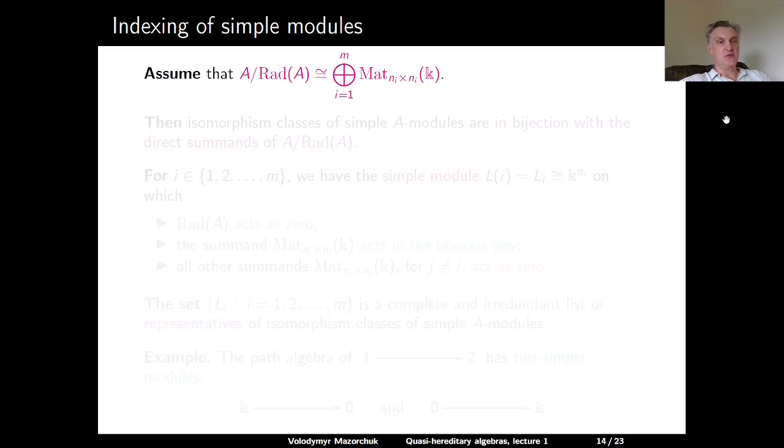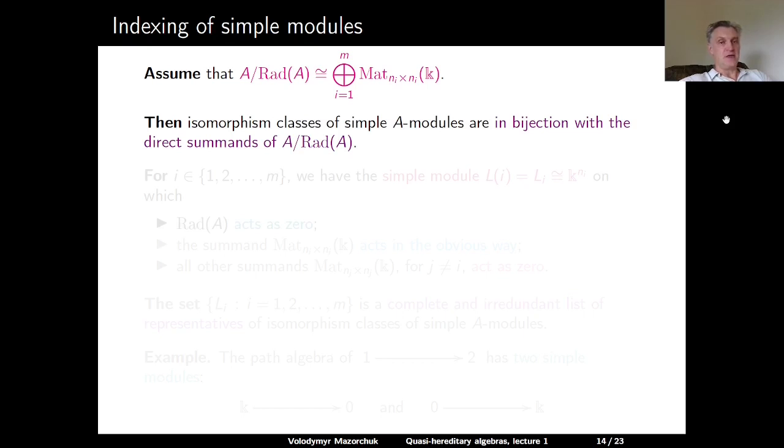So let us assume that A modulo the radical of A is isomorphic to the direct sum, for the index i running from 1 to m, of the matrix algebras of size n_i times n_i. Then, isomorphism classes of simple A-modules are in bijection with these direct summands of A modulo the radical.